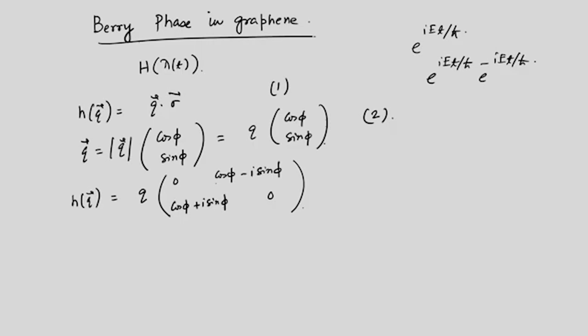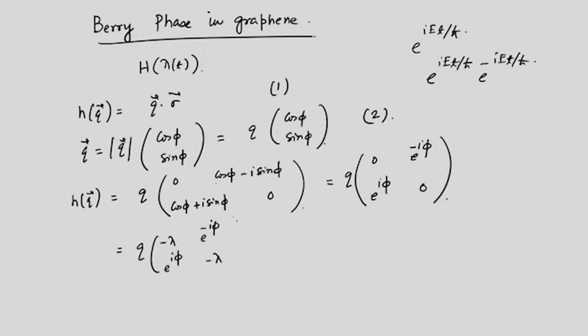You can make a further simplification in which you write it as q times the matrix with 0, exponential minus i phi, exponential i phi and 0, and you can diagonalize it with minus lambda, exponential minus i phi, exponential i phi and minus lambda.